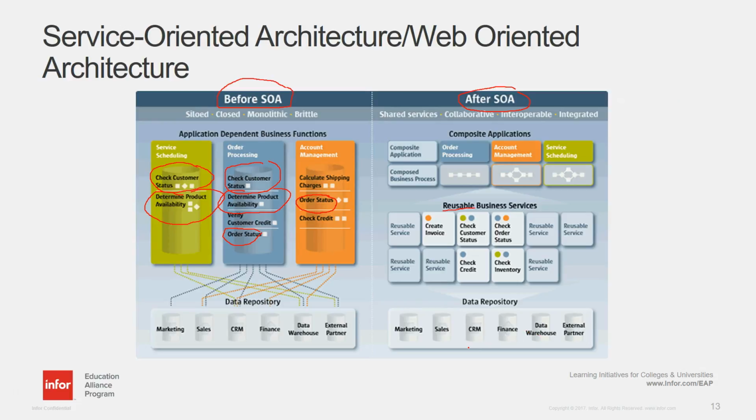Multiple modules can reuse the same services. Very efficient, makes perfect sense. This is a good diagram that shows the difference between using and not using service-oriented architectures. The beauty of service-oriented architectures is that you have reusable services, no need to reinvent the wheel.